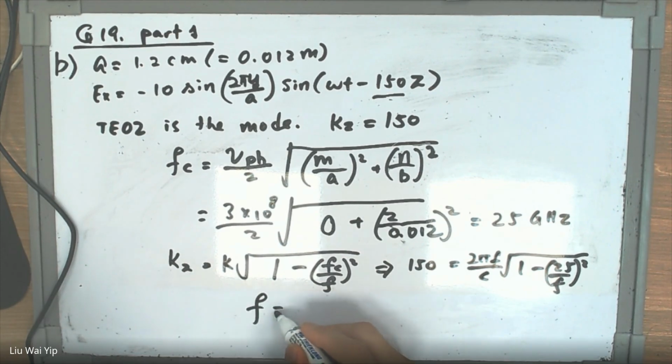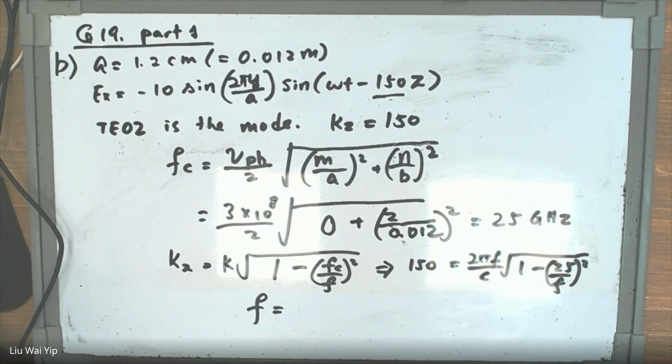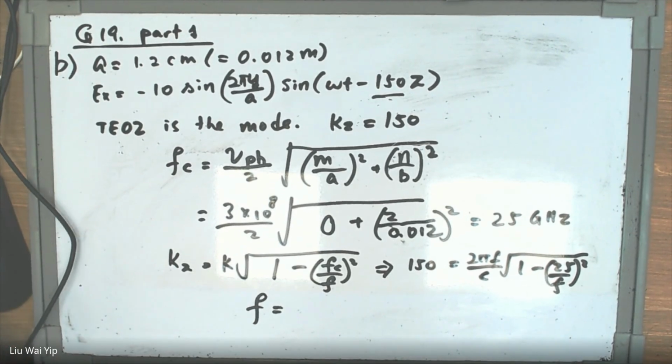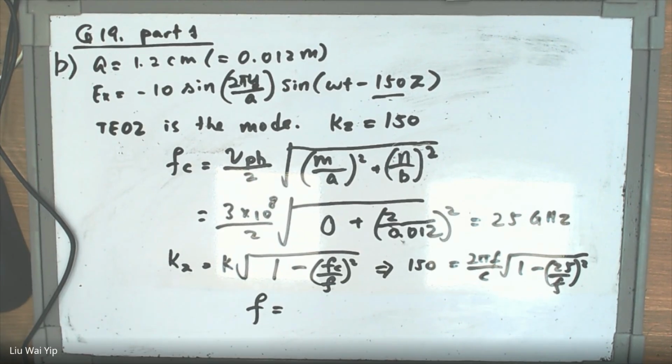By working out here, let me check. 150 equals 2 times pi times f, divided by c, times the square root of 1 minus 25 gigahertz divided by f.